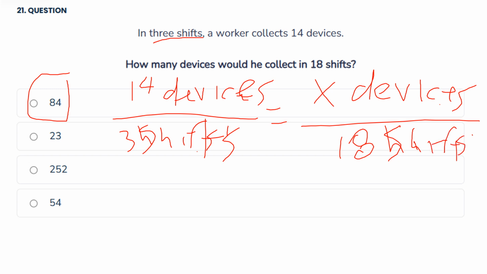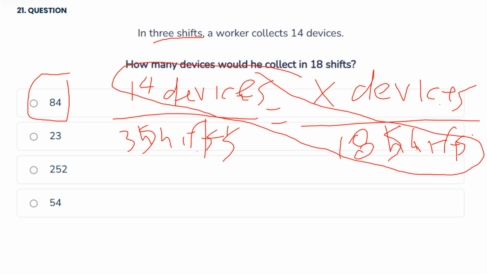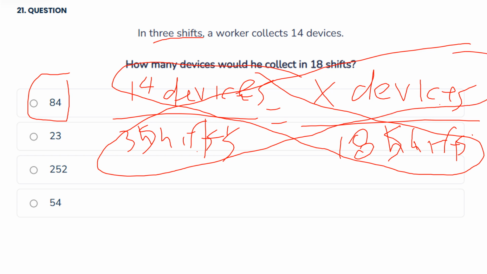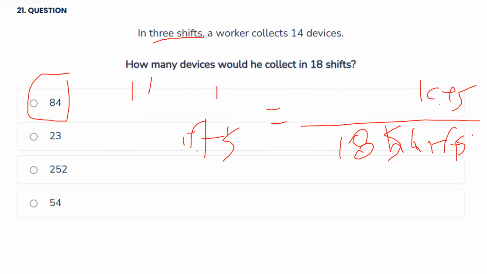All right, now that we have this set up, we're going to cross multiply. So 3x, or 3 times x, and 14 times 18. Since I need some room, I need to erase this. So we have 14 times 18 and 3 times x.